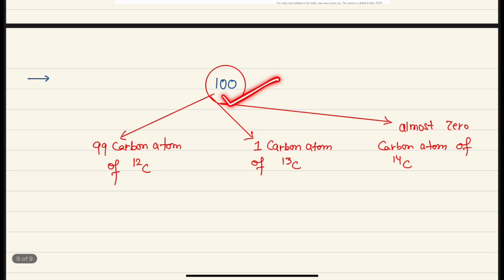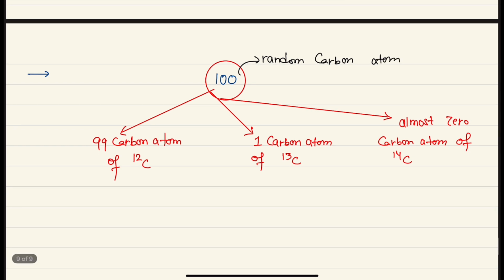If you have 100 random carbon atoms, in this 100 you have 99 carbon atoms of C12 and one carbon atom of 13C. That means neutrons here, how much?